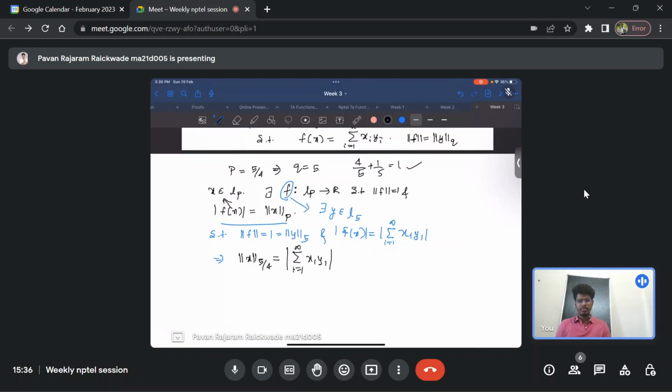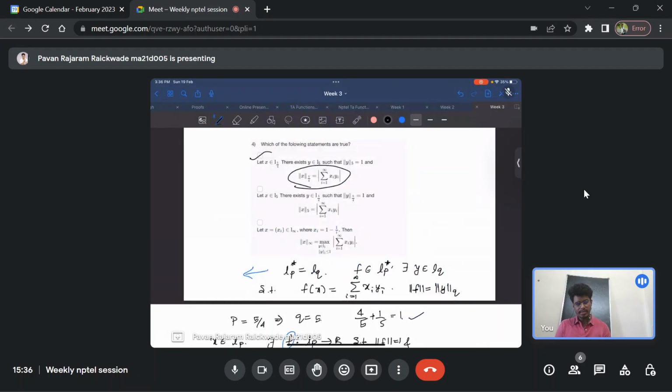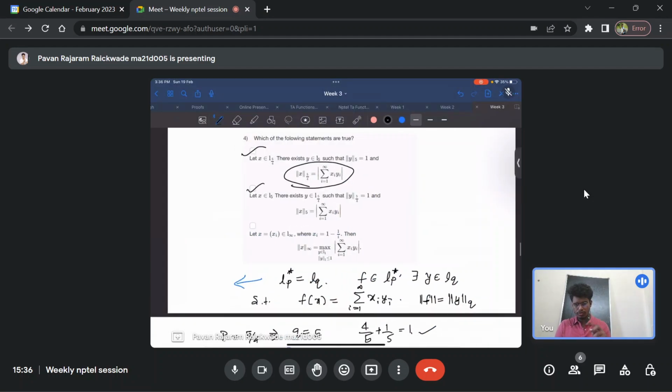Any doubt? If you have, you can ask. This is basic dual theory actually, nothing more in there. The first is true, and with the exact same argument, the second will also be true. Here the roles of P and Q will be changed.